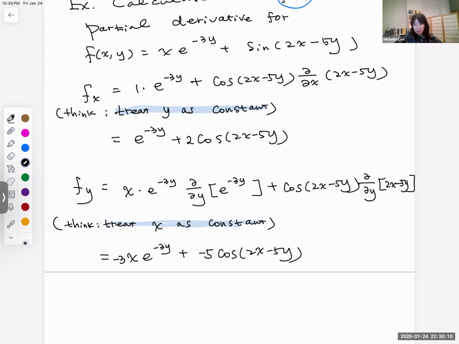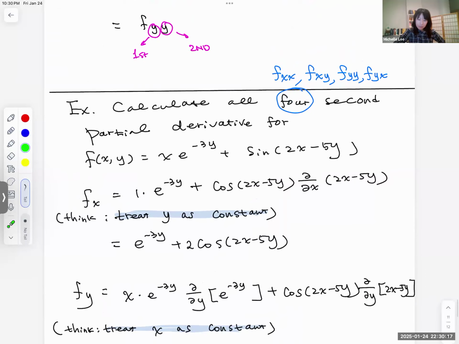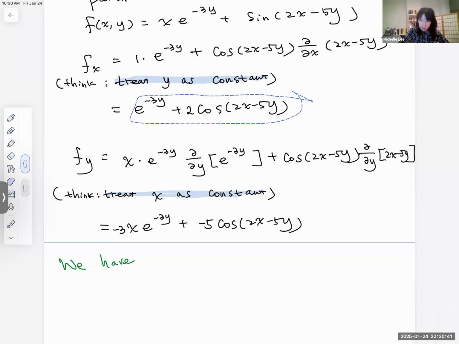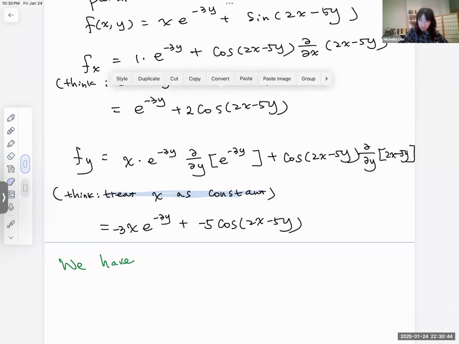Now let's find the second partial derivative with respect to x. We have this. Copy.